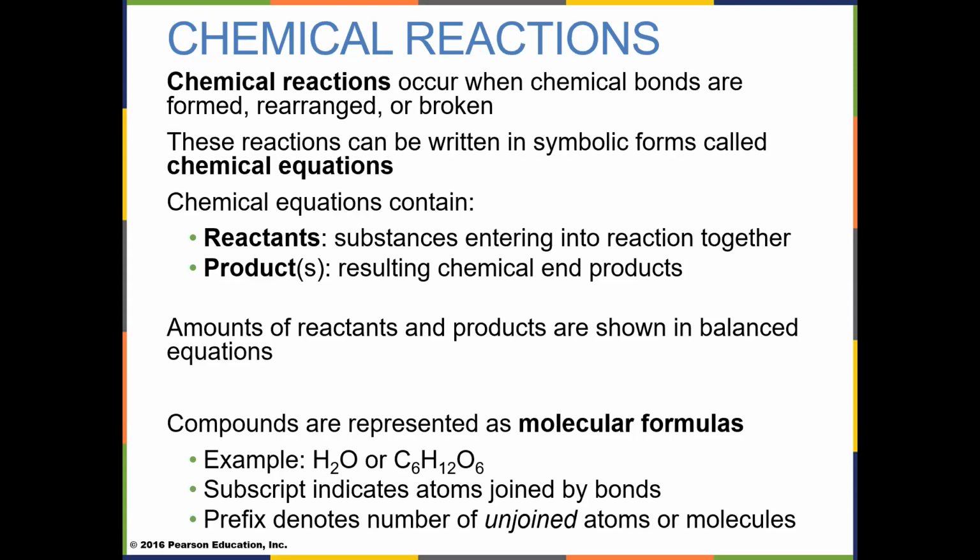Any chemical reaction can be written out in an equation, and you're always going to see the reactants and the products. Reactants are what start the reaction or go into the reaction, and the product is the end result. Hydrogen and oxygen are the reactants, and water is the product. Or water is the reactant, and hydrogen and oxygen are the products.